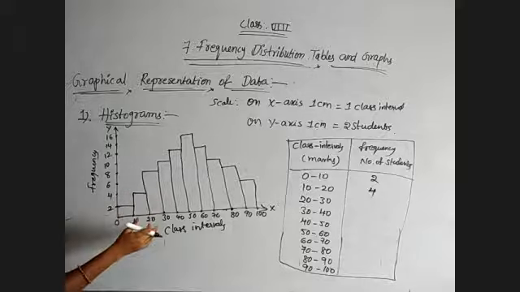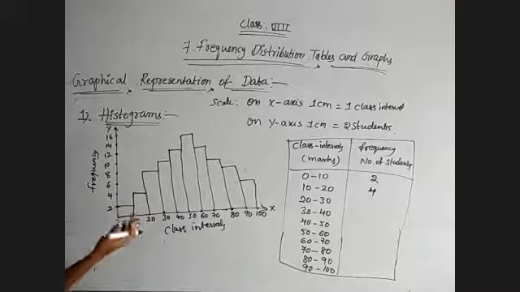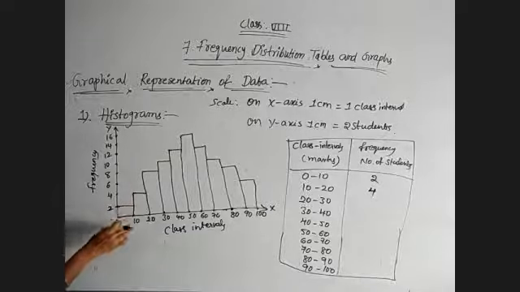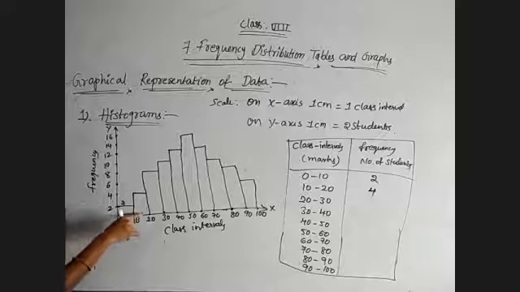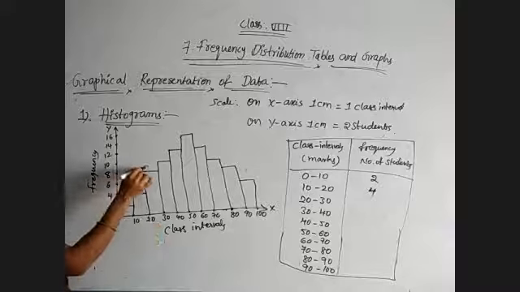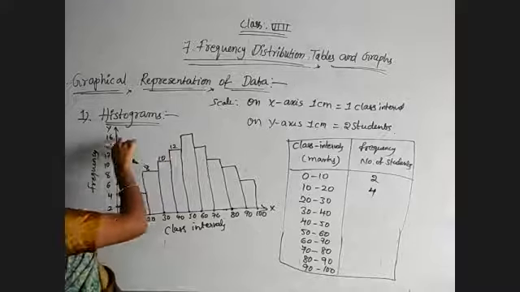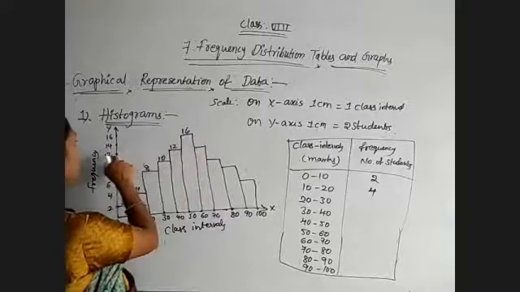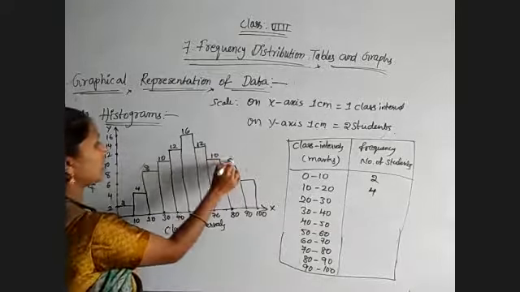We use vertical bar graphs only, and only for exclusive classes. There is no gap between each rectangle, each bar. In bar graphs we can use space between each bar, but here we can't. Now, in the first class interval, 2 students; for 10 to 20, 4 students; 20 to 30, 8; 30 to 40, 10; next 12, next 16, again 12, 10, 8, 6.